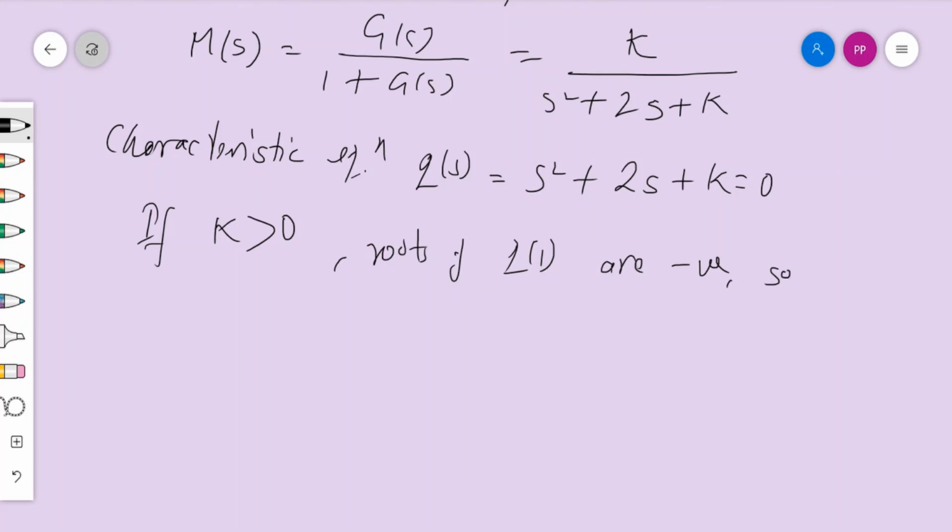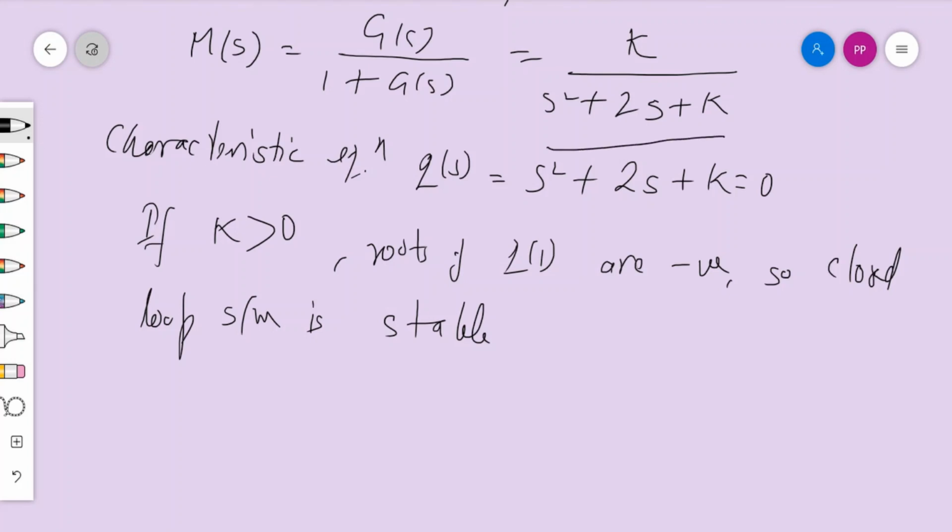So the closed loop system is stable. This can also be verified using the Routh stability criterion.